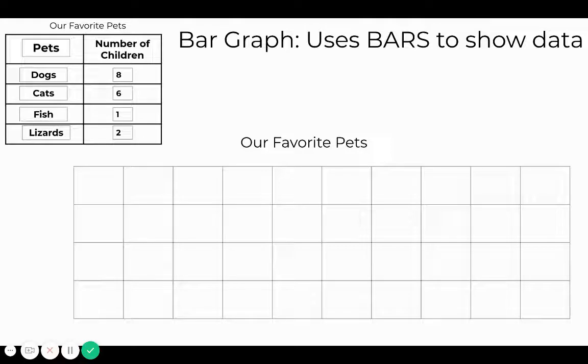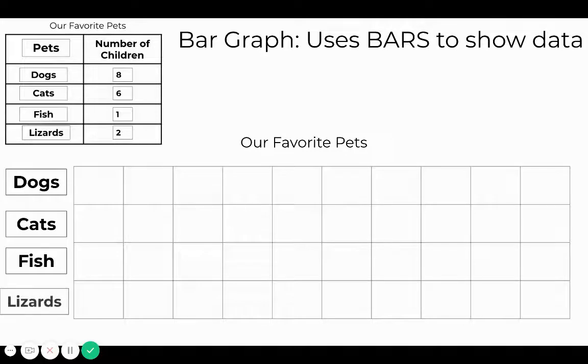As you can see today, we're creating a horizontal bar graph. So this bar graph goes from side to side, which means I put the category names on the side of the bar graph instead of underneath. That's a little bit different from the vertical bar graph. My categories are dogs, cats, fish, and lizards.